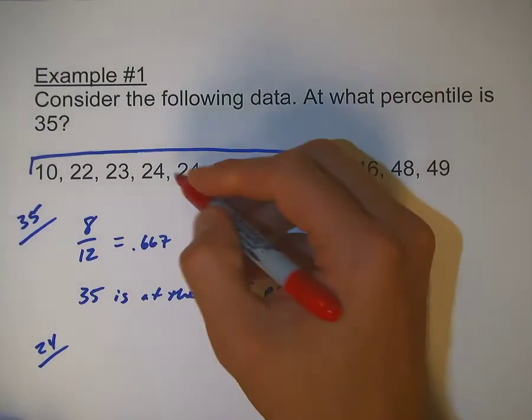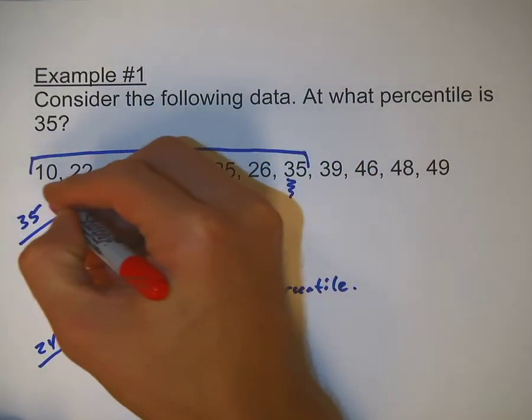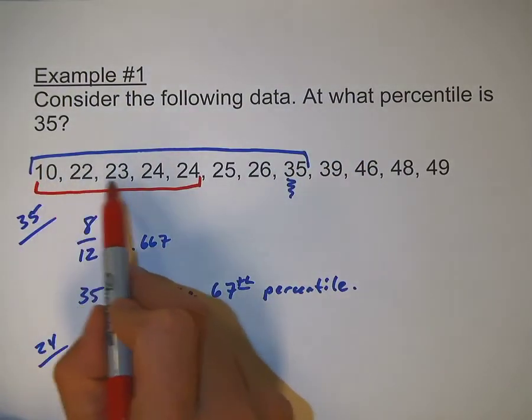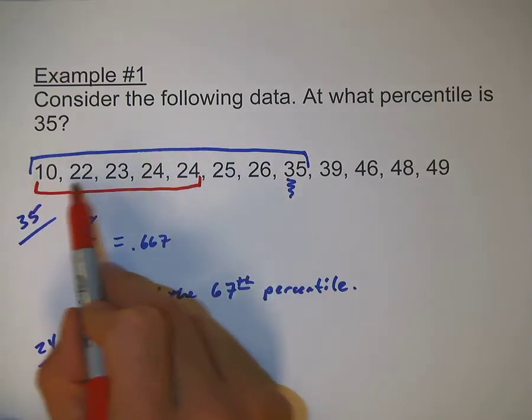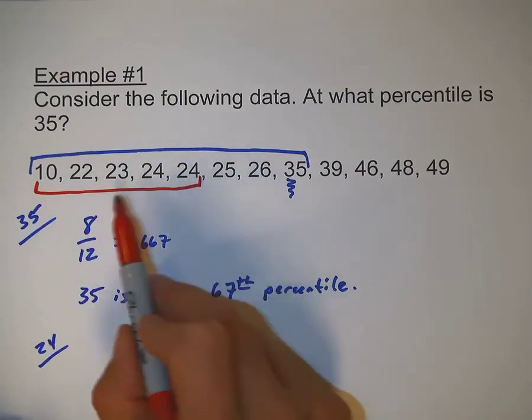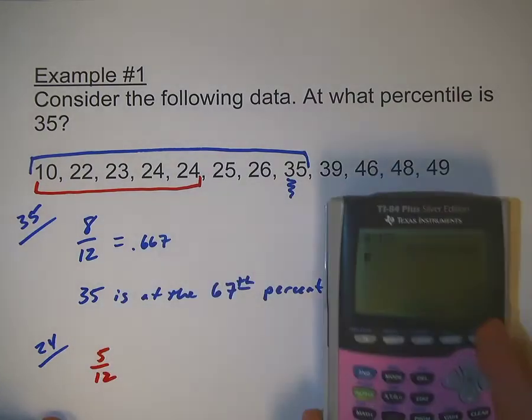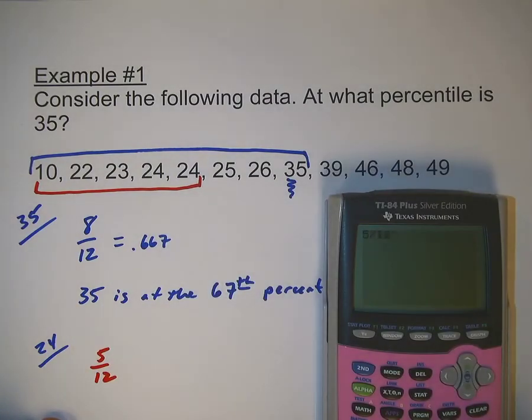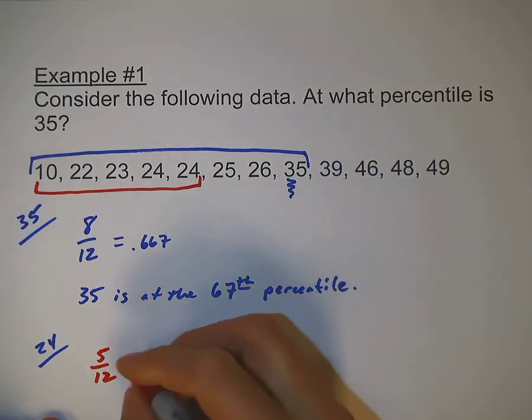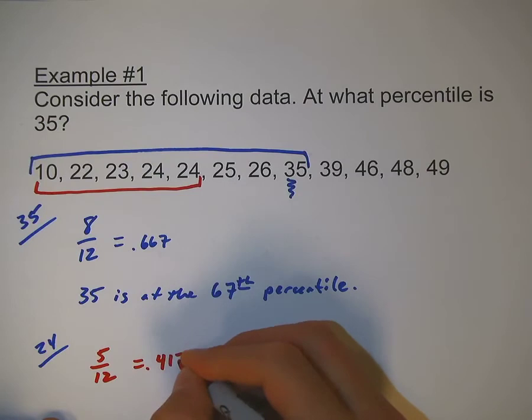So we want to know how many values are greater than or equal to 24? Well, 24 is greater than 3 values and equal to 2. So this is 5, so this would be 5/12. If we do that, that ends up being about 0.416 or 0.417 if we round.